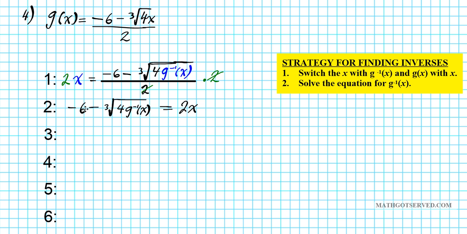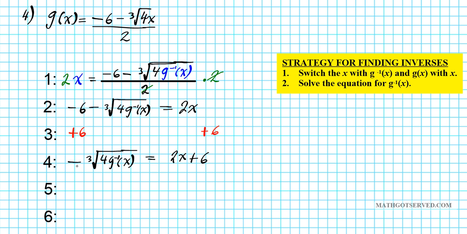Now let's get rid of this 6 to accomplish that. Actually, negative 6. We will add 6 to both sides of our equation. That yields negative the third root of 4 times g inverse of x equals 2x plus 6.